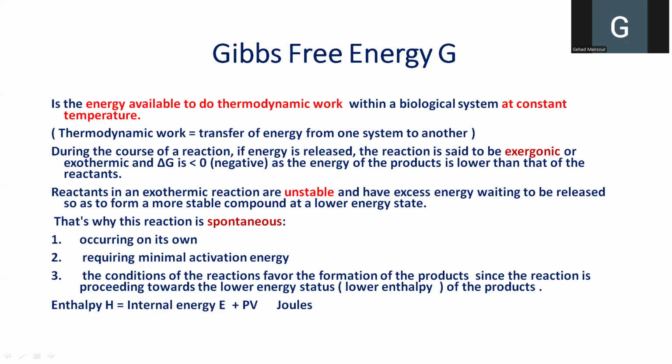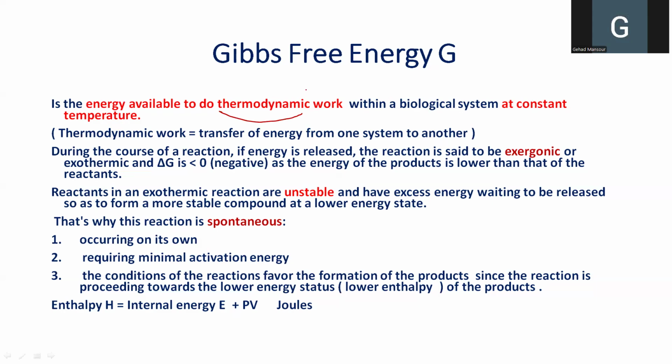Now, Gibbs free energy, which we denote as G, is the energy that is available to do work. So the Gibbs free energy is exactly the opposite of the lost heat energy that is related to entropy. So Gibbs free energy is the energy available to do thermodynamic work. What is thermodynamic work? Thermodynamic work is work related to transfer of energy from one system to another.